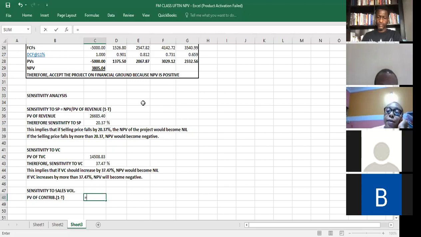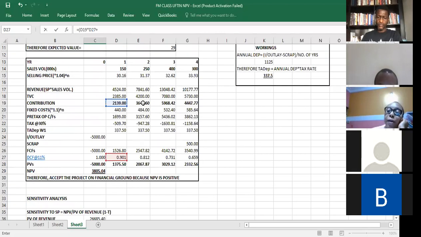If I want a shortcut, after writing down the formula, that's NPV over the net present value of the contribution times 1 minus T. What I can do is, when I get the figure of the contribution, I just multiply it by 70% because the tax is already 30%. Anywhere you put it will be fine.